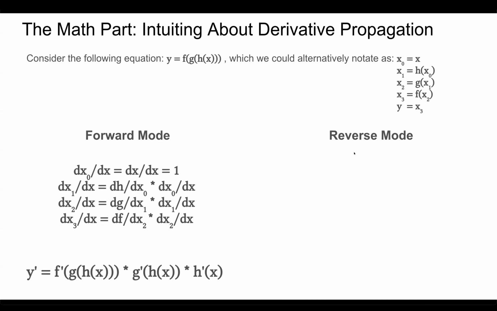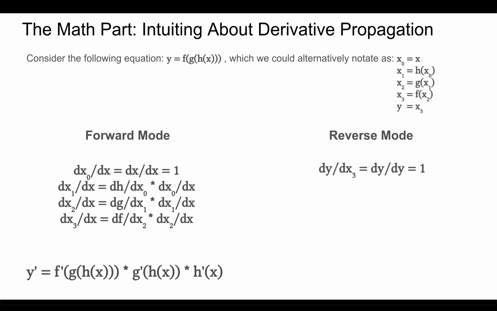Now, in reverse mode, we compute the derivative by propagating the influence of the final output back to the inputs. So starting with the final output y, which we've also noted as x3 here, y and x3 are the same thing. X3 is also the result of the entire calculation.